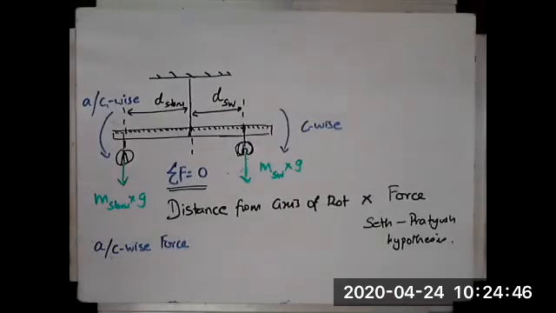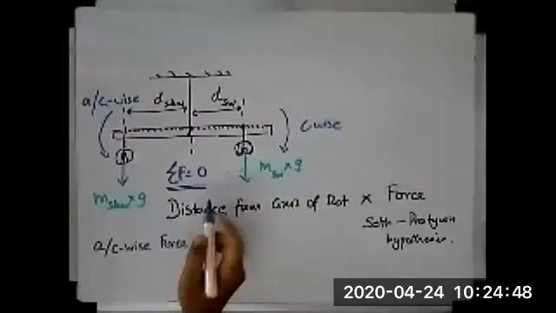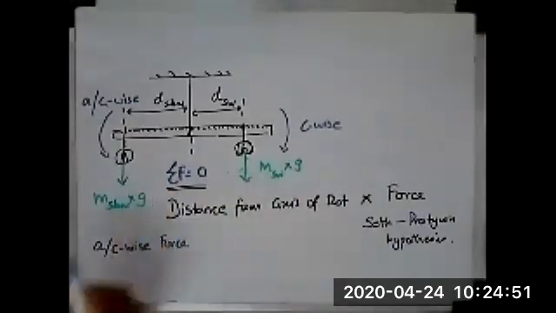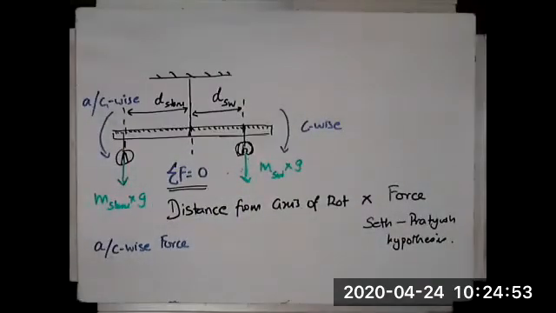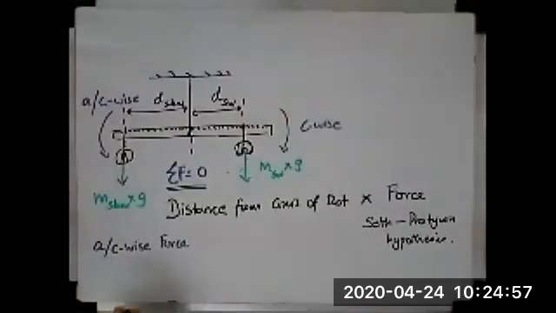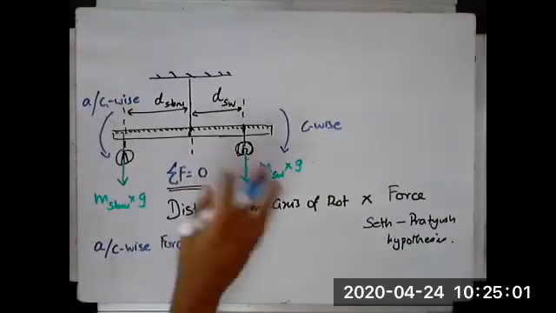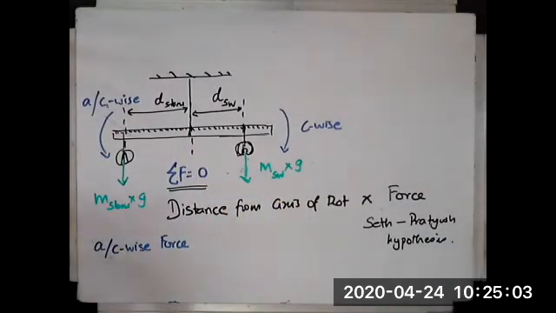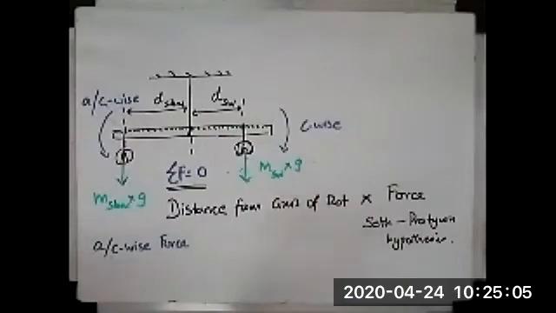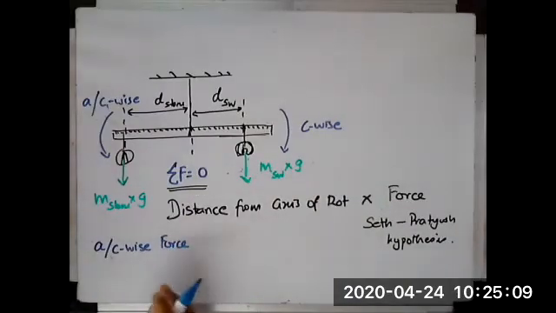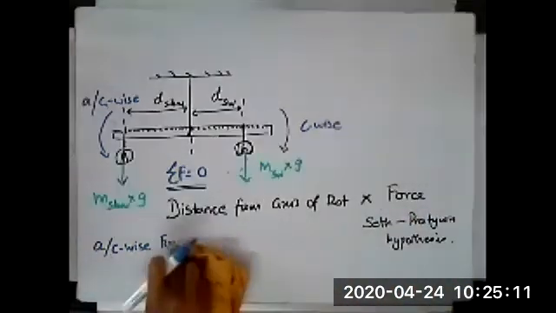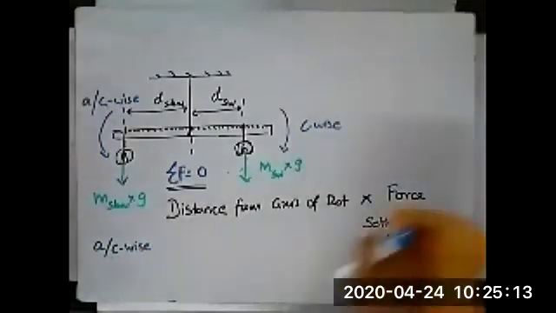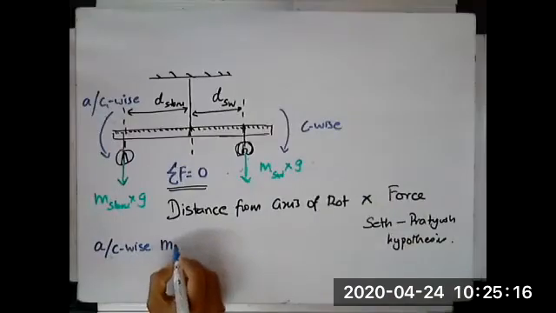But right now, all I'm saying is, if I were to expand this sigma F equals 0, the static equilibrium situation, then I have to show that the forces acting this way are equal to the forces acting that way. But I can't use the word forces, because it's forces multiplied by a distance. So we need a different word, and the word that we use in physics is the word moment.